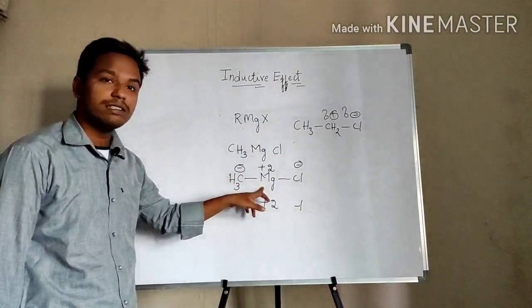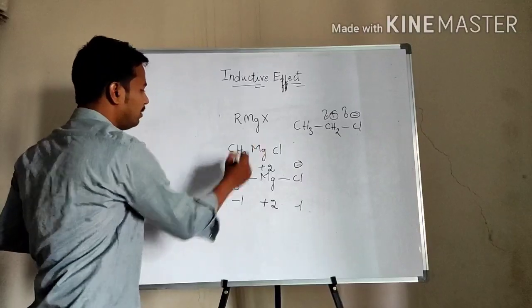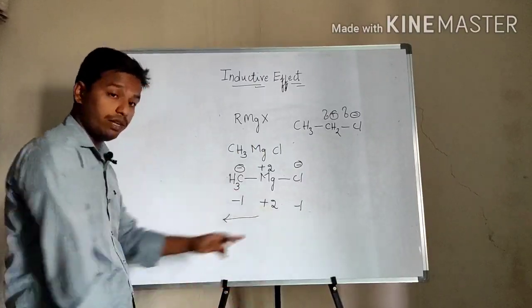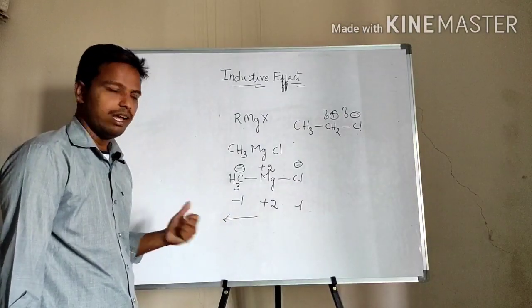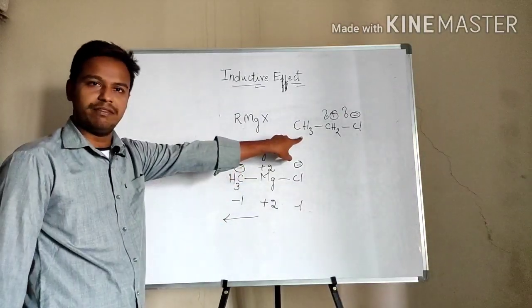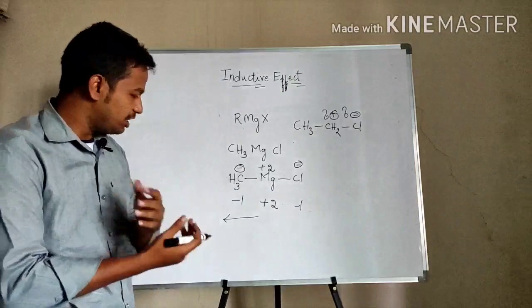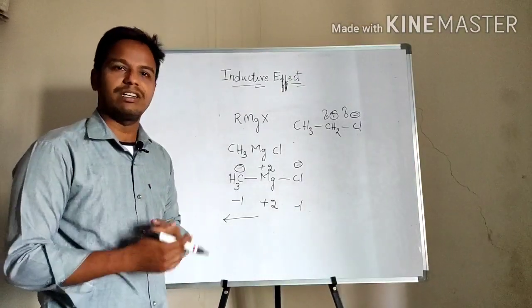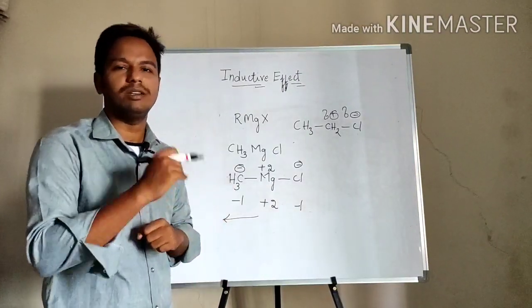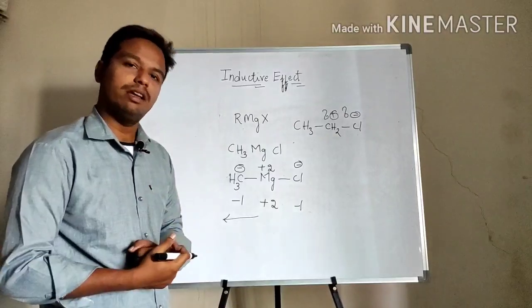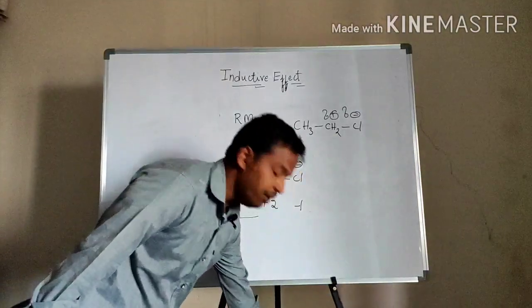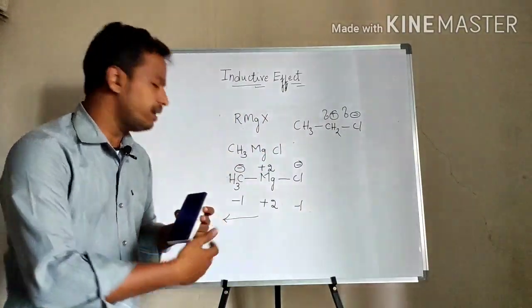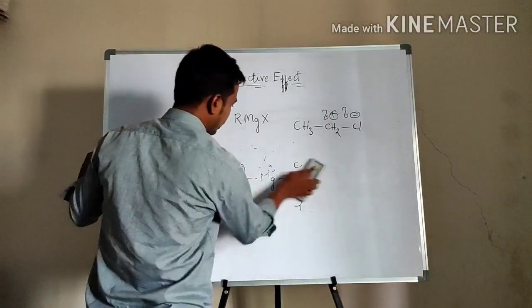That means electrons are moving towards the carbon atom, from right to left, opposite to the minus I effect. So we can say that the minus I effect is exactly opposite to the plus I effect. Understood? Now I will write the minus I groups as well as the plus I groups.